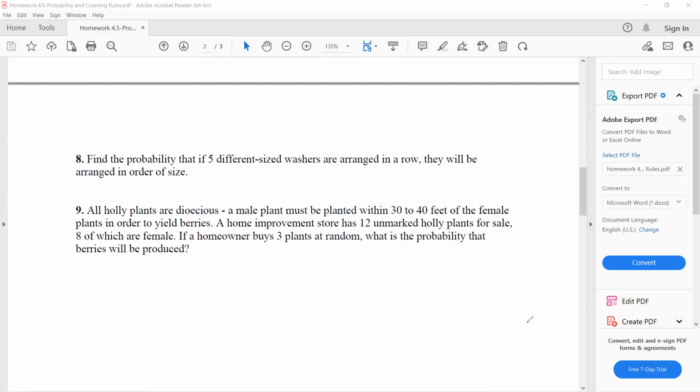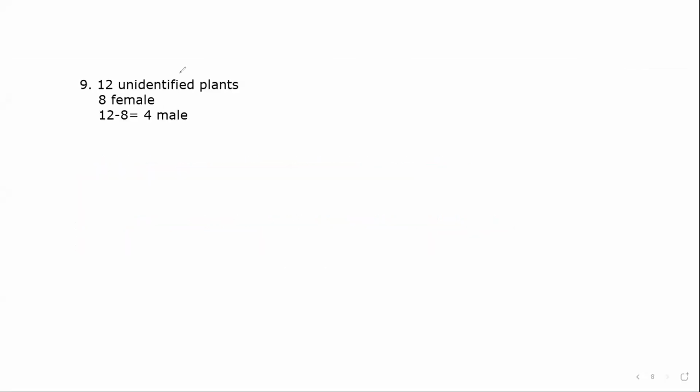I have 12 plants. Now, to get berries, which is what I want, I need a male to be within 30 to 40 feet of a female, right?